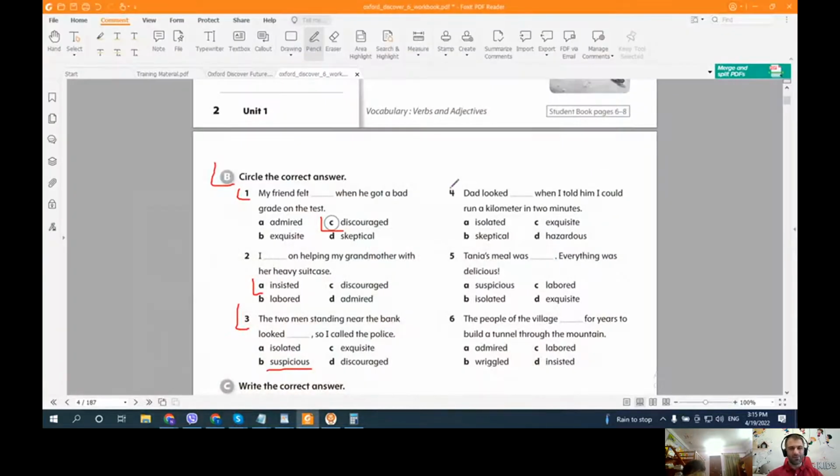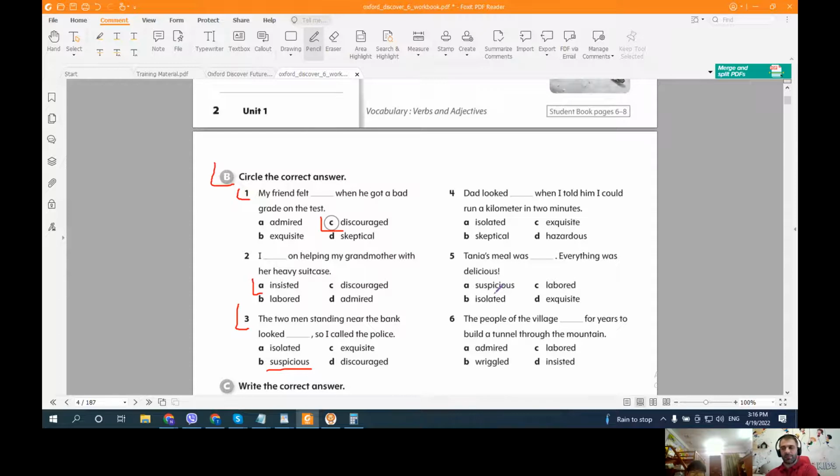Okay, number 4. Can you please read number 4? That look... Skeptical.